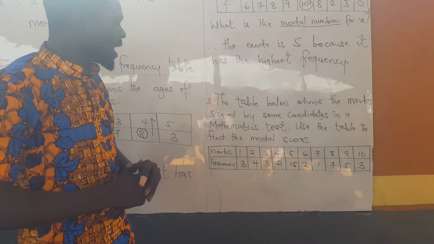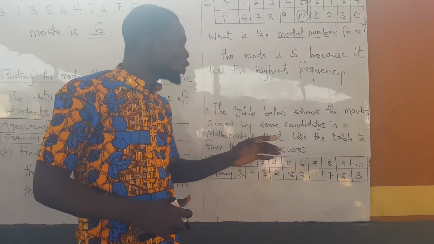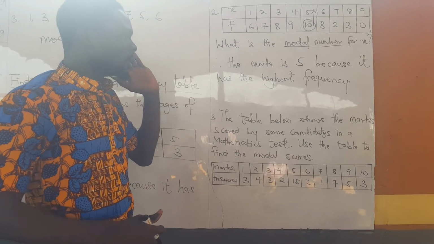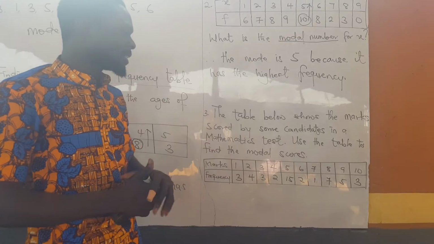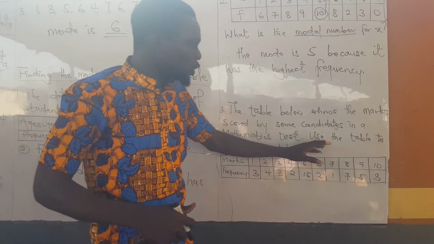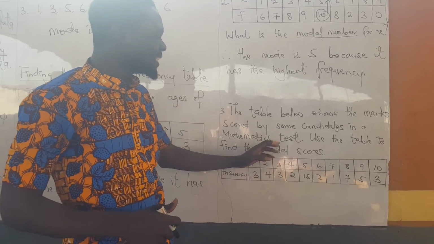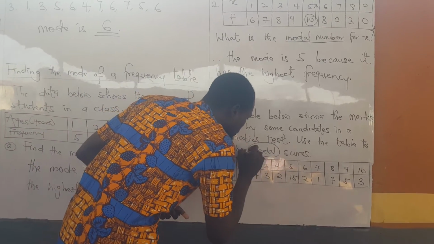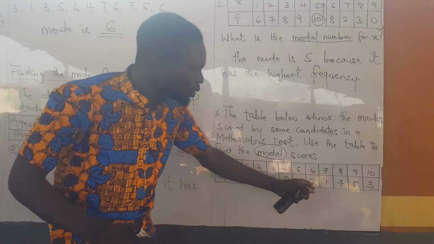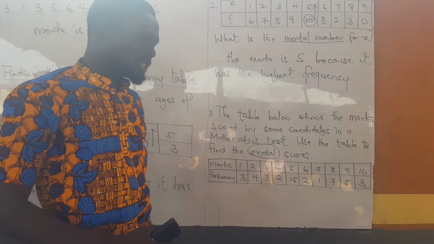The last one says that the table below shows the marks scored by some candidates in a mathematics test. Use the table to find the modal score. So we are coming to find the modal score using this frequency table.